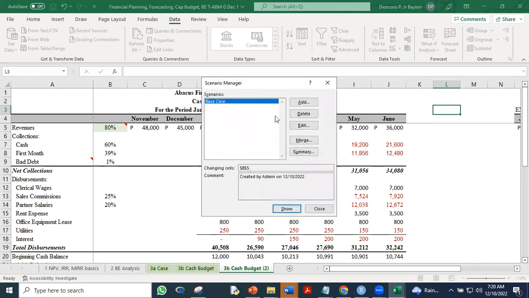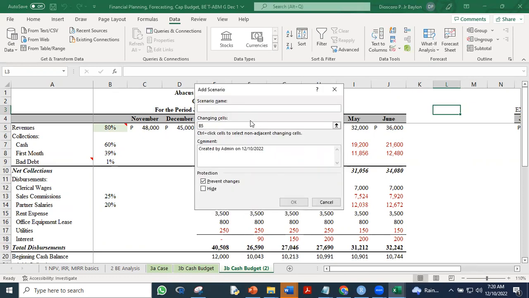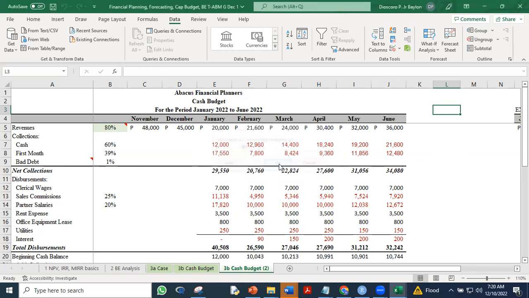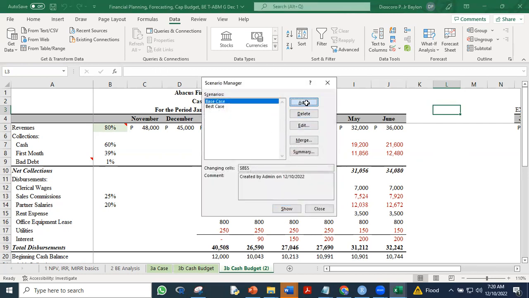Then we add the best case scenario, which should be 110%. It will change this one, and the formula for our revenues is linked to this value and the expected values.